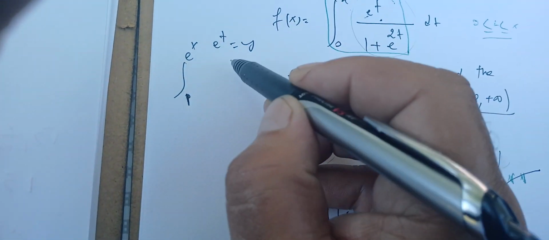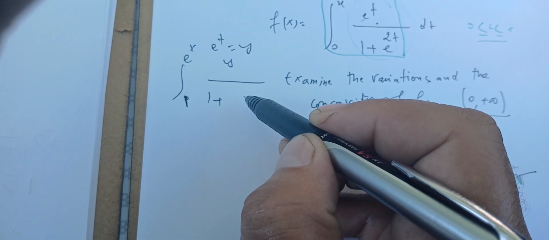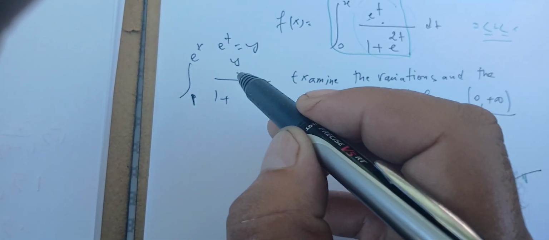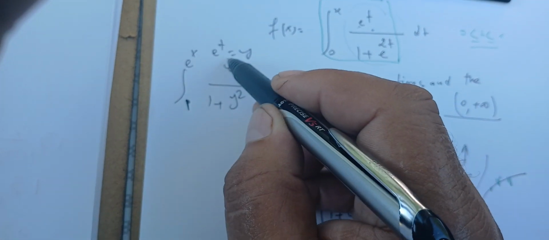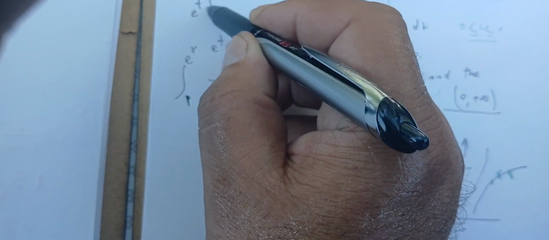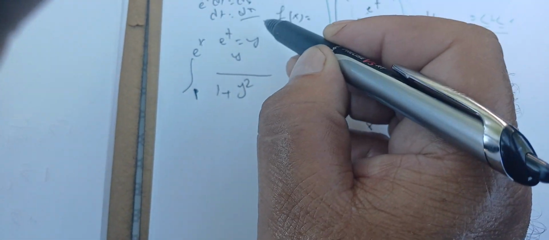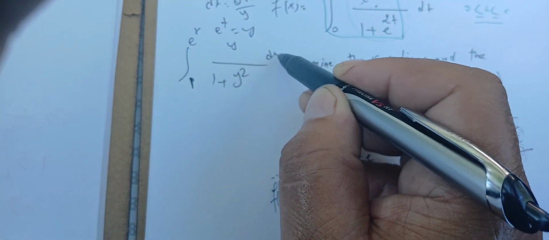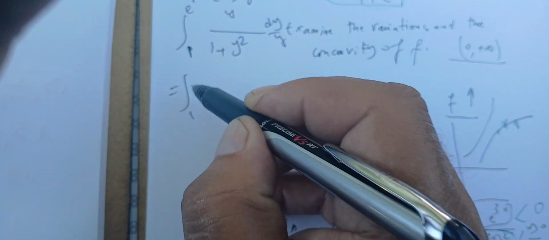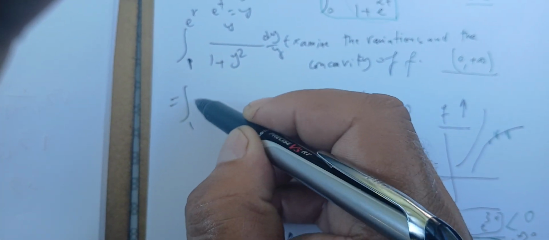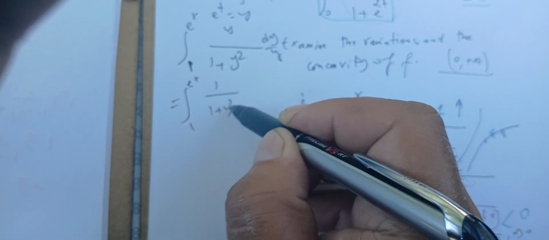And 1 over e to t is e to t squared, which gives us y squared. And dy is e to t dt, therefore dt is dy over y. Therefore our function is the integral between 1 and e to the x of 1 over 1 plus y squared dy.